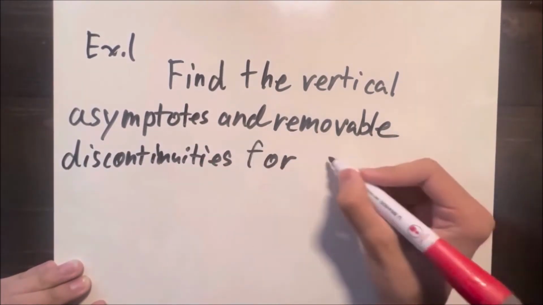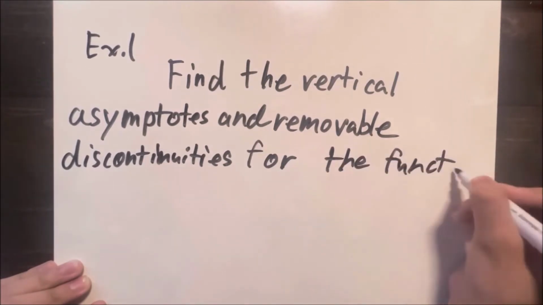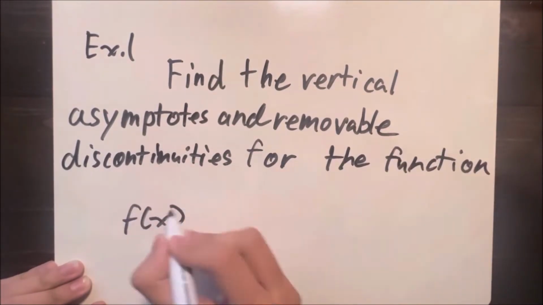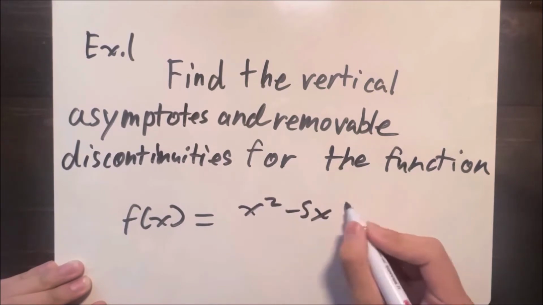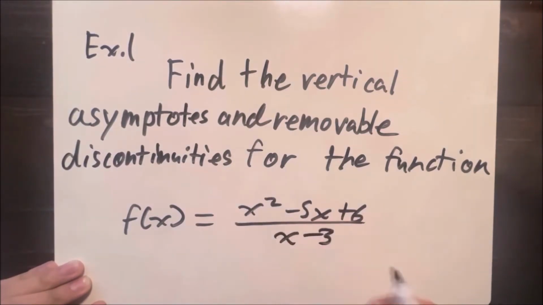For example 1, we have to find the vertical asymptotes and the removable discontinuities for the function x squared minus 5x plus 6 over x minus 3.